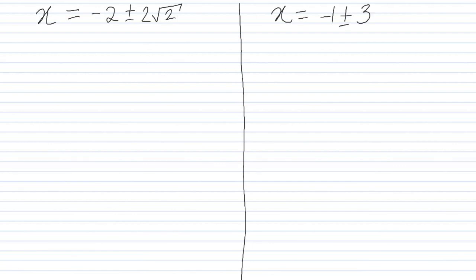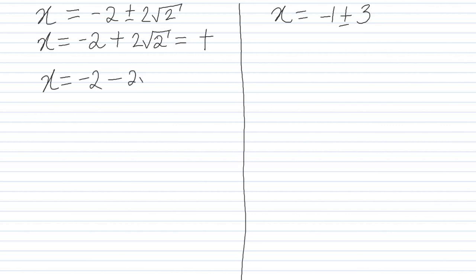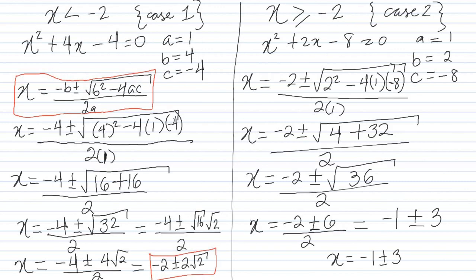Negative 2 plus or minus 2 root 2, that would be x equals negative 2 plus 2 root 2. Just so you know, this is going to give you a positive number. But then you have x equals negative 2 minus 2 root 2. This is going to give you a negative number. If you use your calculator, that's what's going to happen. Remember what the case situation is?